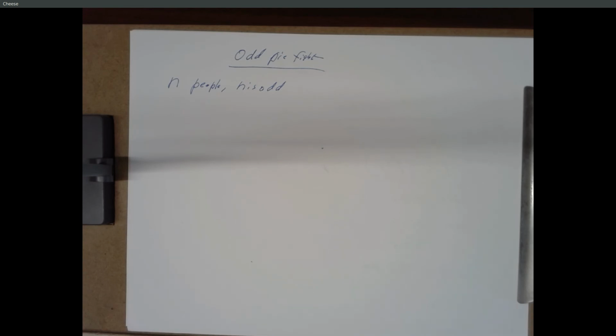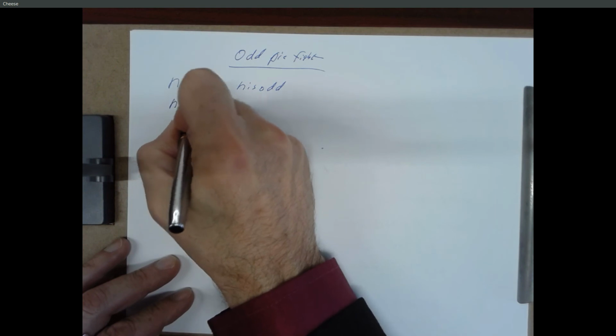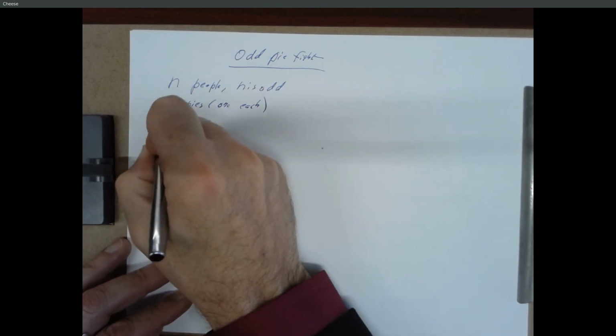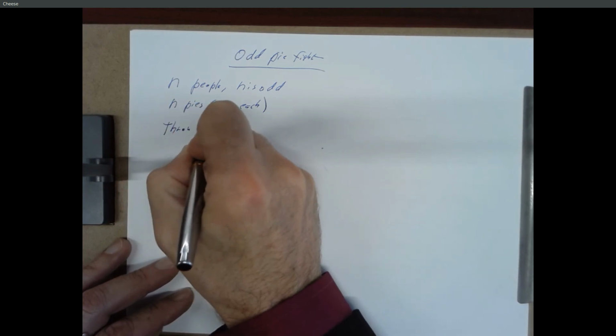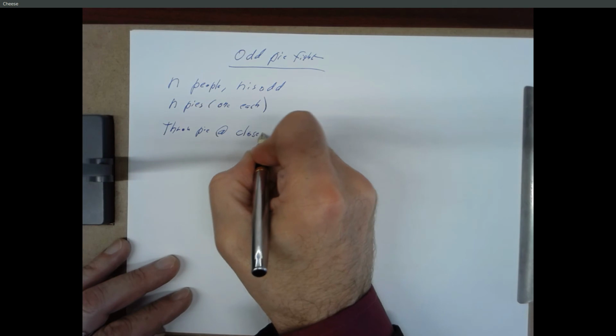And the question is, is there anybody who does not get hit with a pie? Is there a survivor? So, n people, n pies, one each. Throw the pie at the closest person.